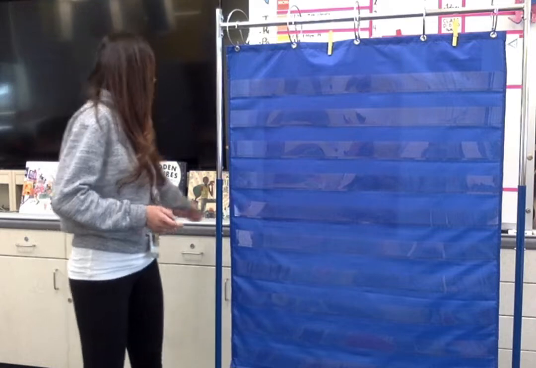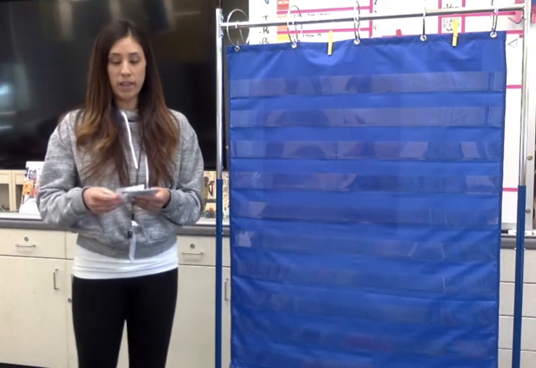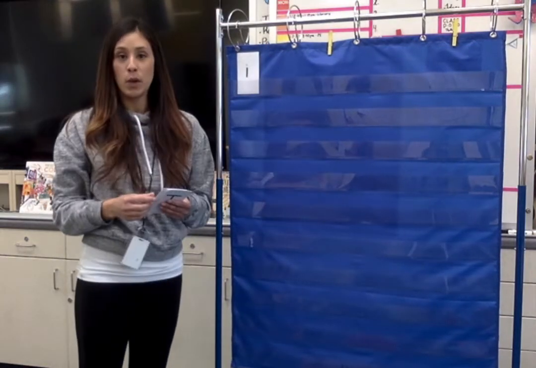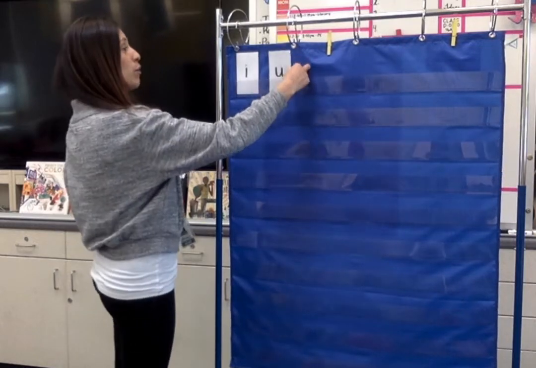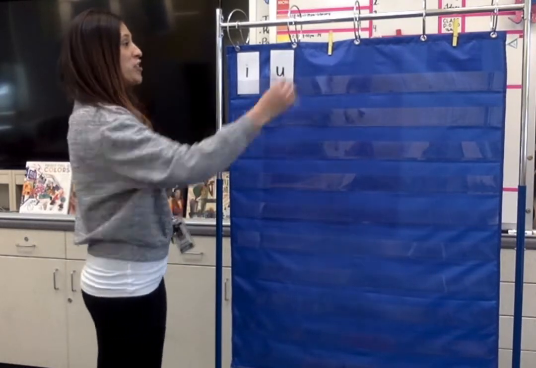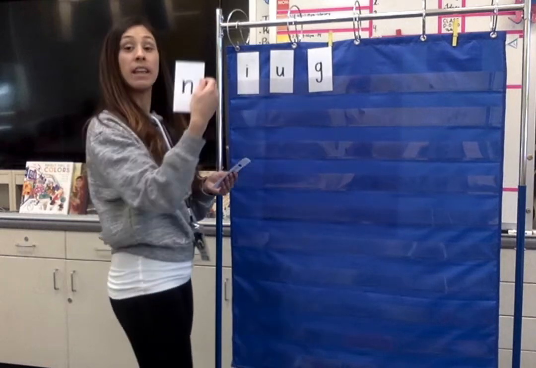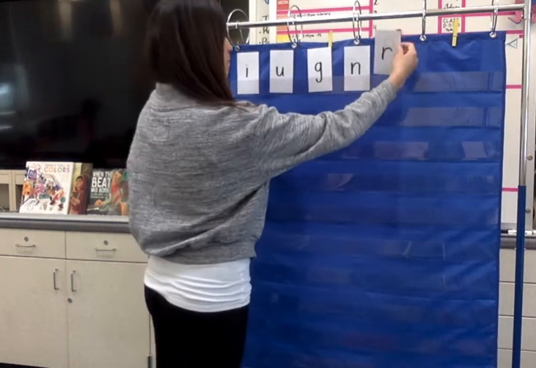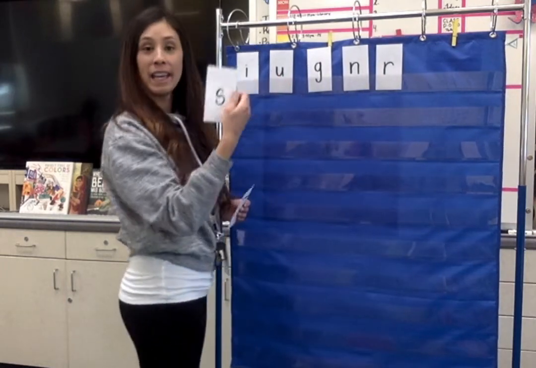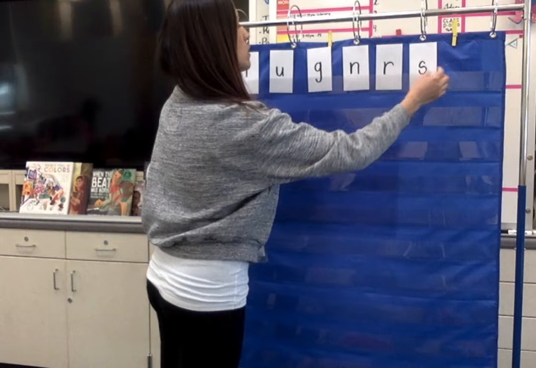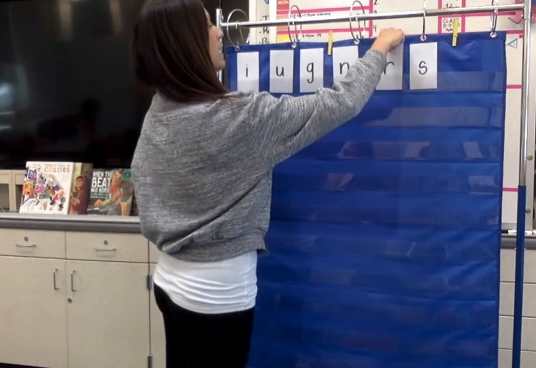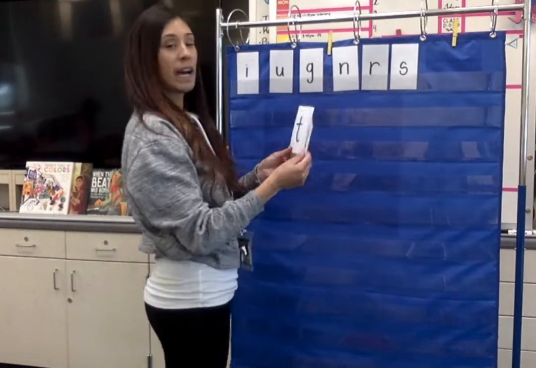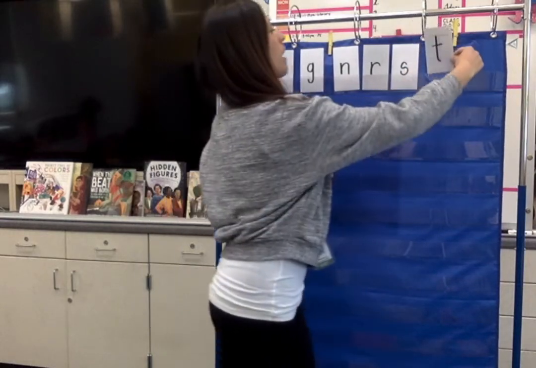For those of you who are ready, I'm just going to go through and let you know which tiles we need this week. So we have the letter I, we have a U, not an N, we have a G, we have an N, not a U, we have an R, we have an S, and, let me slide these down, running out of space here, two T's, okay?